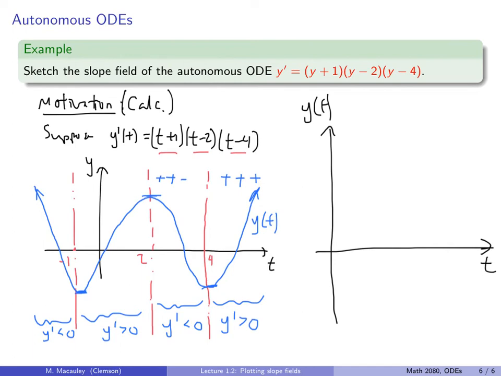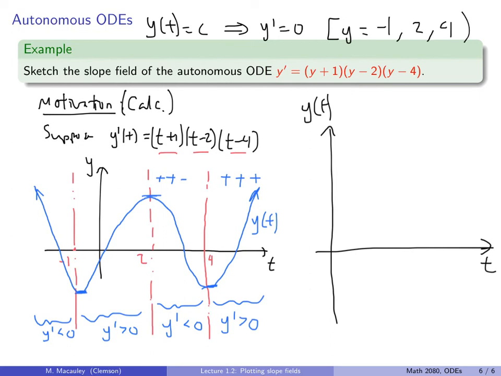Well, if there is a y of t that's constant, that's c for constant, then y prime equals 0. So we can look at this equation and plug in 0 here, and can we solve for y? And we see yes. If this is equal to 0, then y can be negative 1, 2, or 4. And so y equals negative 1, 2, or 4.